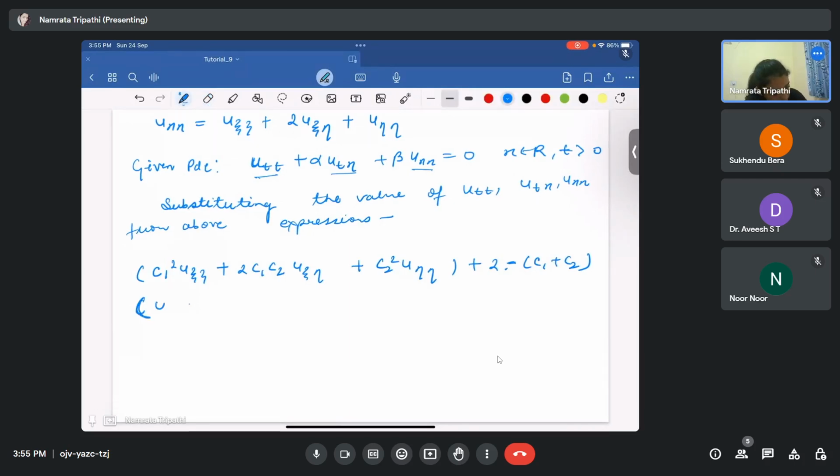This is the bracket. This is the value of utx, plus beta. Beta means c1 into c2. Fine. And uxx here.